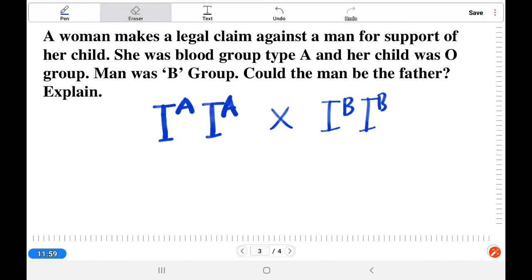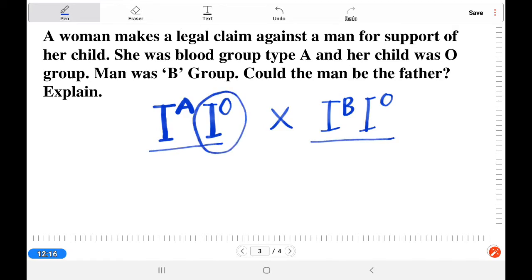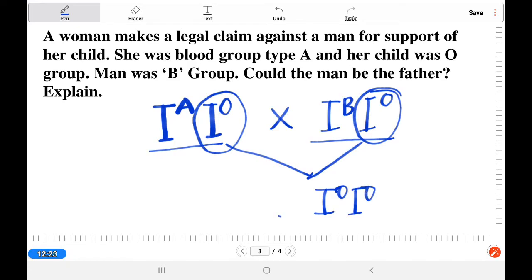So how can it be possible? If it is heterozygous. If the A group is heterozygous and the B group is heterozygous, I think you can understand that. This gamete and this gamete will combine and form the child's group, that is O group.